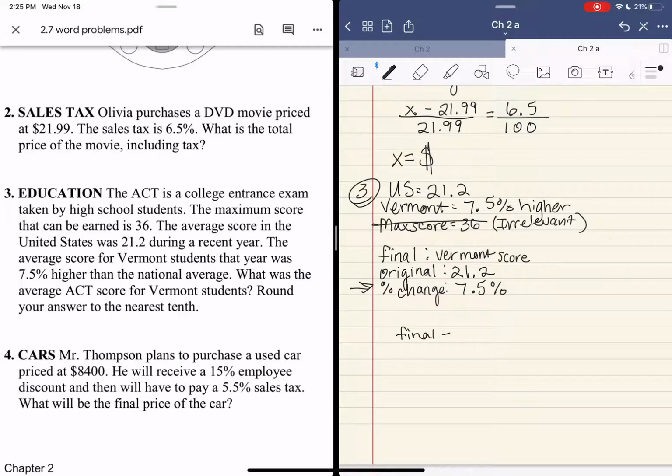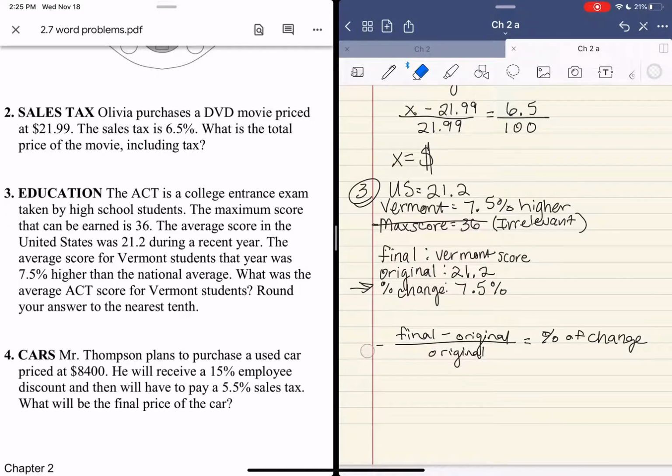Final minus original over original equals percent of change. And you saw in the video for number 2 how to really plug that in.